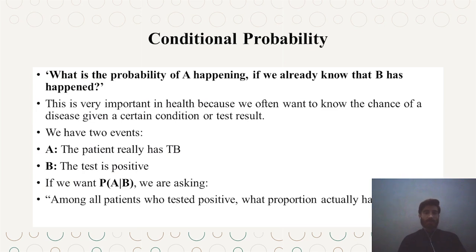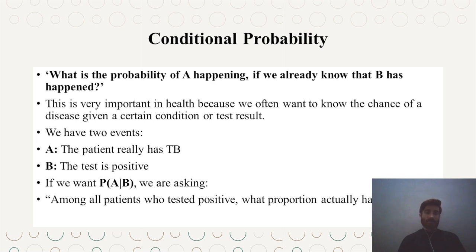Now coming to conditional probability, what is conditional probability? The conditional probability is: if we already know B, then what is the probability of A to happen? This is very important in health because we often want to know the chance of a disease given a certain condition or test result.